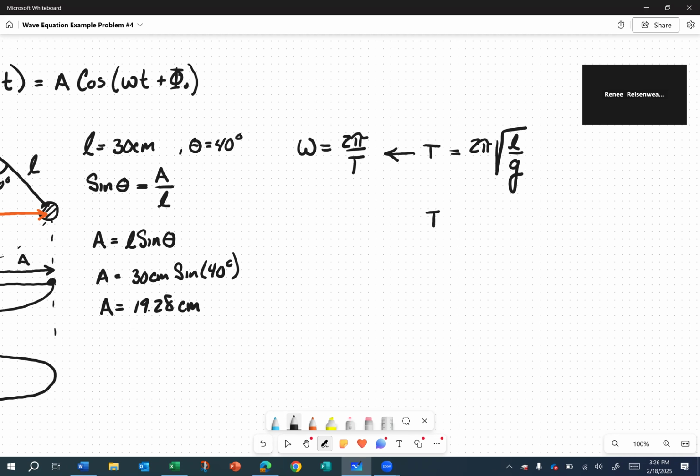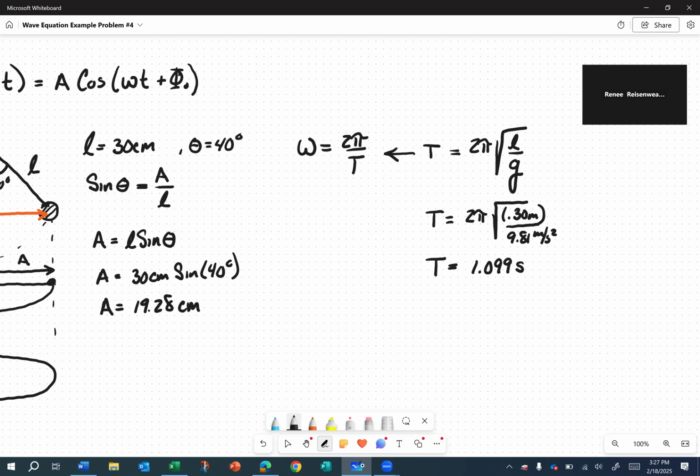So the period of this pendulum is going to be 2 pi square root of the length, which is 30 centimeters, but we're going to write that as 0.3 meters, divided by 9.81 meters per second squared. Plugging in those numbers and solving for T, the period, we get 1.099 seconds to be the period.